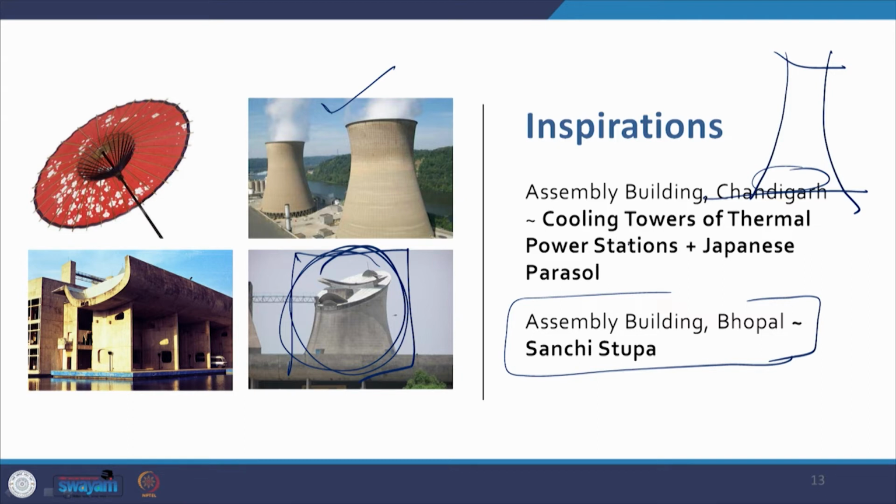And in the Bhopal assembly building by Charles Correa, it is more domical like this, which is the assembly hall. But we will again come back to that later. The other, of course, is the inverted parasol that I have talked about. This is a Japanese parasol, and this is an inverted version of the parasol.